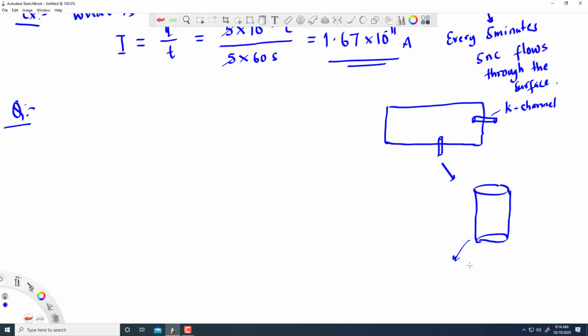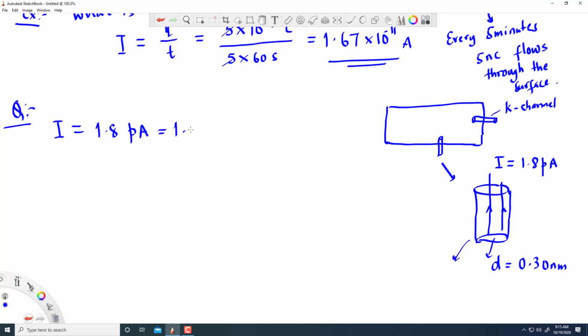So the diameter here, d, is 0.3 nanometer, and this one carries current of 1.8 picoamperes. So current is given. So every time the potassium is exchanged through that channel, there is current of 1.8 picoamperes, which, pico means 10 to minus 12 amperes.